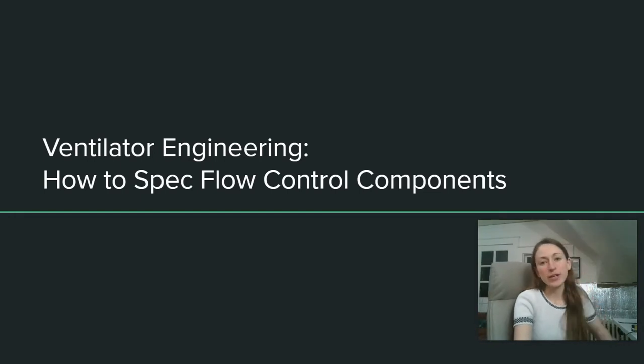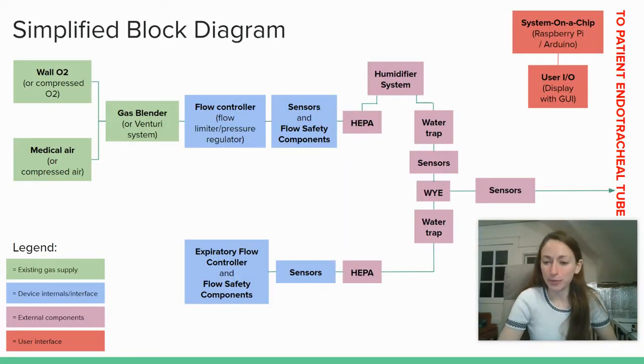To begin, I just wanted to go over this simplified block diagram that we mentioned in the last video. I think a lot of designs that are out there fall within this general scheme. If your device does not, don't worry, we'll still provide some tips that I think will be useful to you as well.